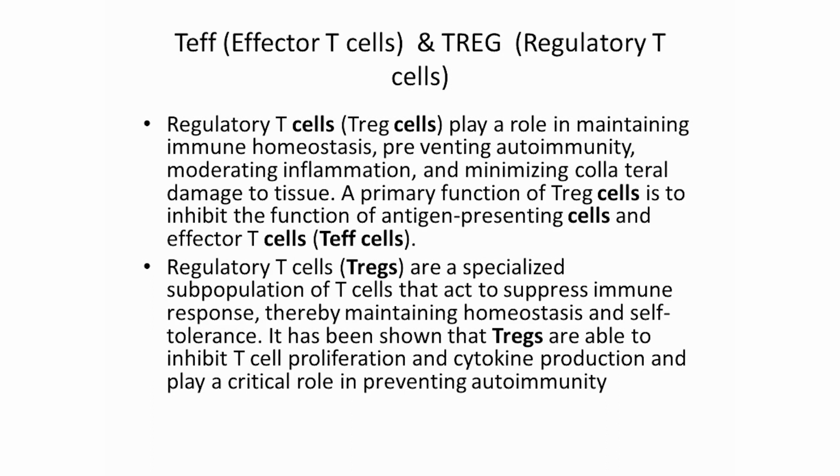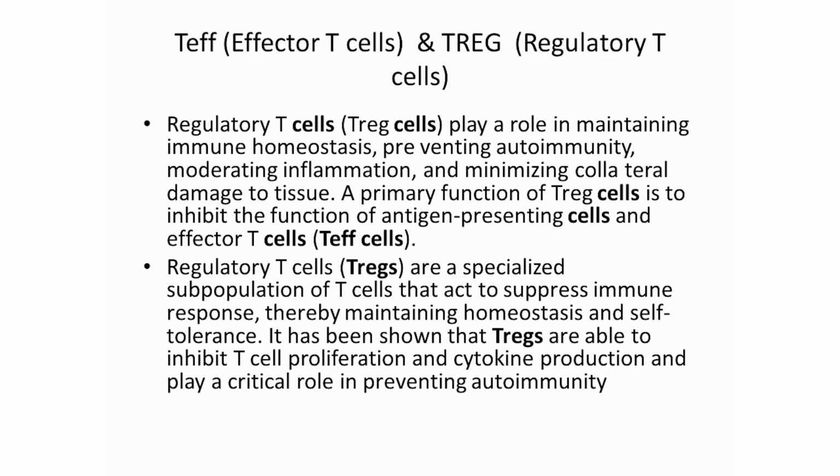That's why there are these T-eff and T-reg, that is T effector cells and T regulatory cells, and there is a balance between these two. And that's why this balance is needed for immune homeostasis. Once this balance goes off, then this lands up in autoimmunity and so many other pathological kinds of phenomena.